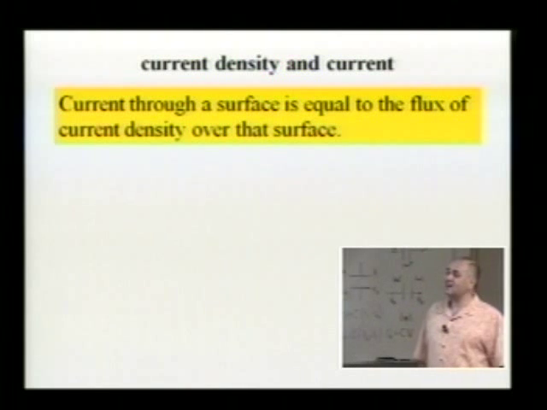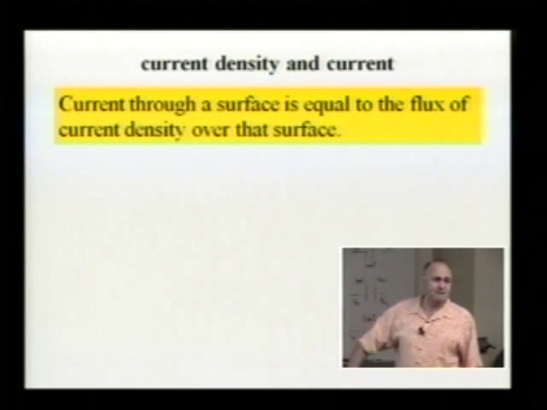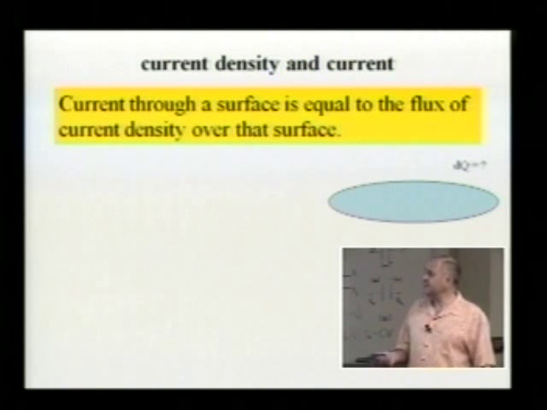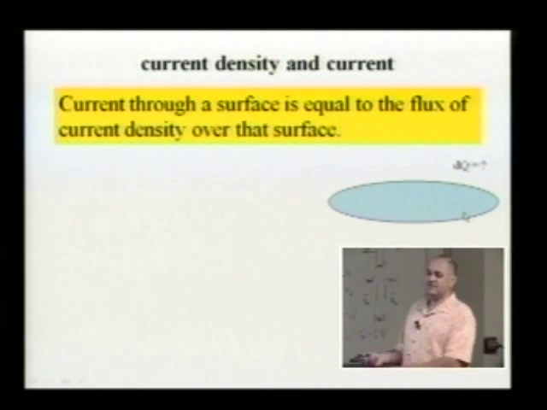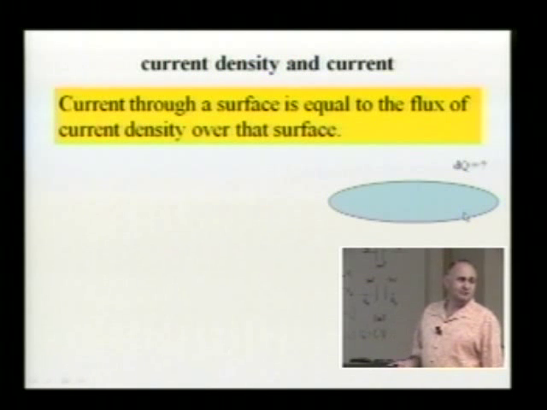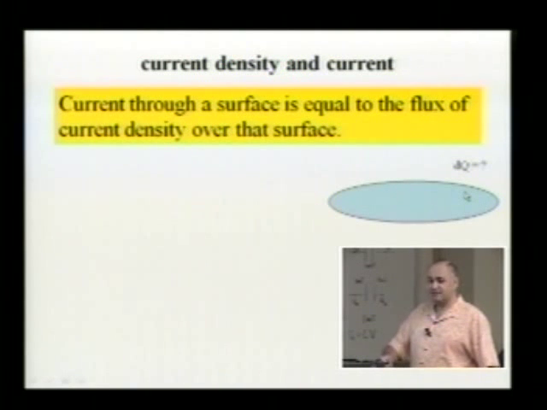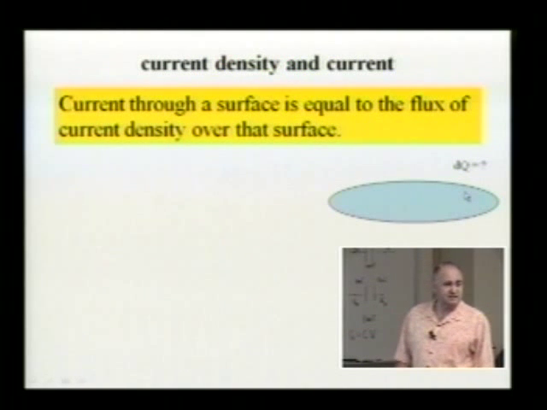Just to exercise this, I want now to verify that relationship. So, how about if we take a surface, and for this surface, let's try to relate current density at each point of that surface with the current flowing through this surface.